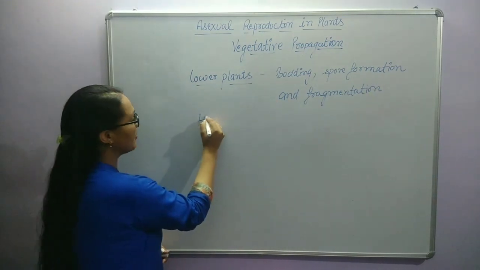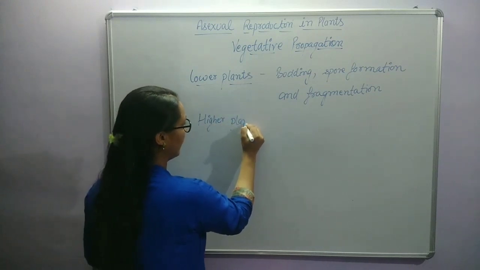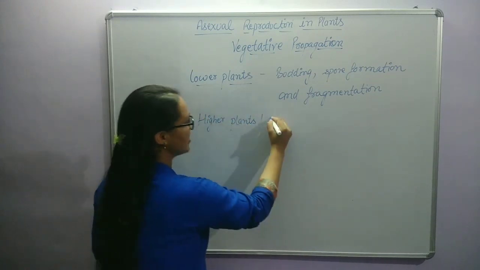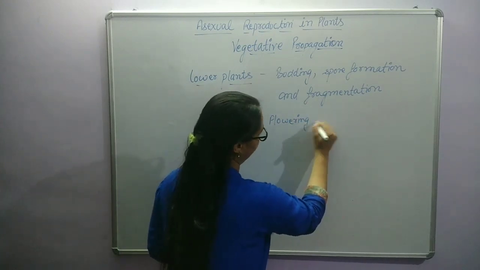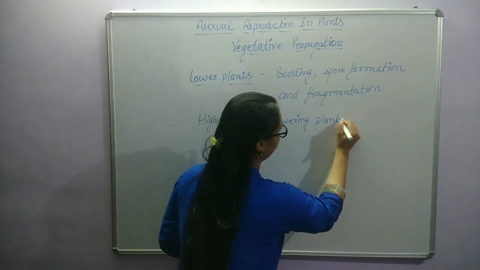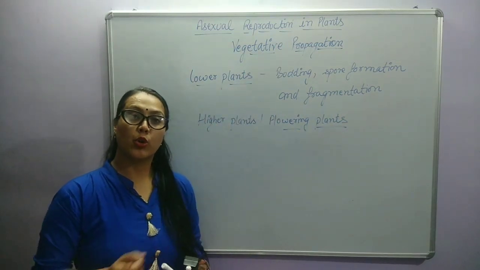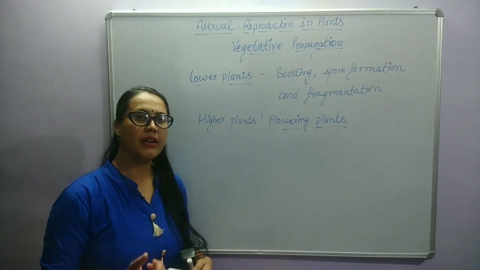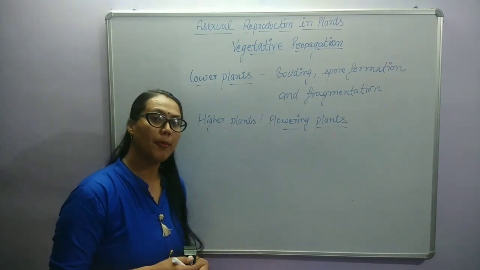And in higher plants, flowering plants, various plant parts like root, leaf, stem, bud all act as agents of propagation.